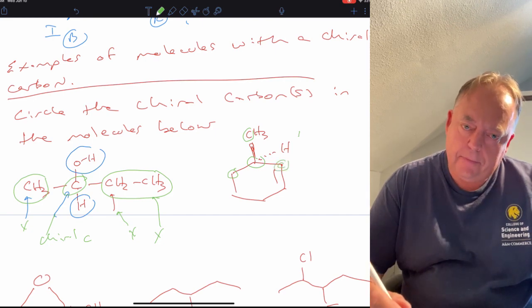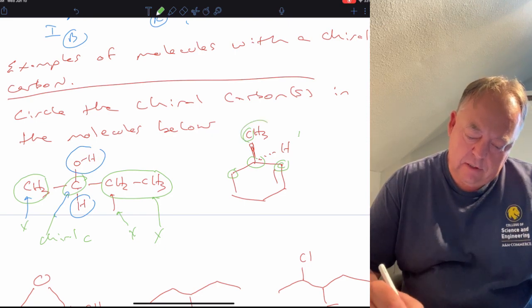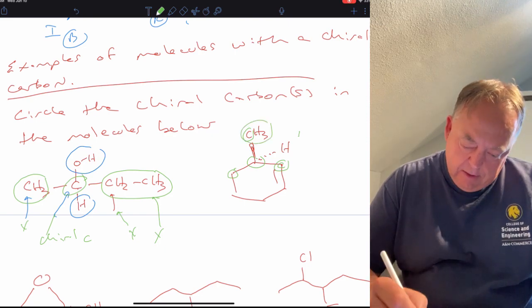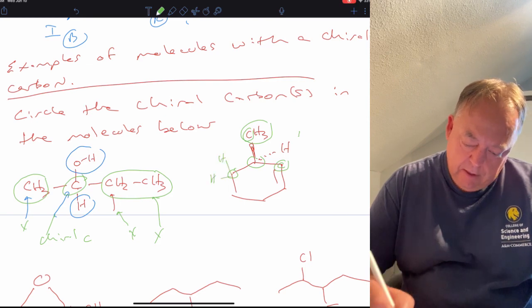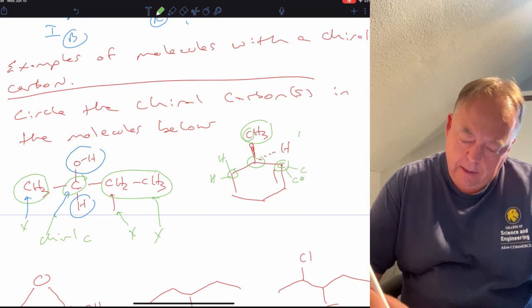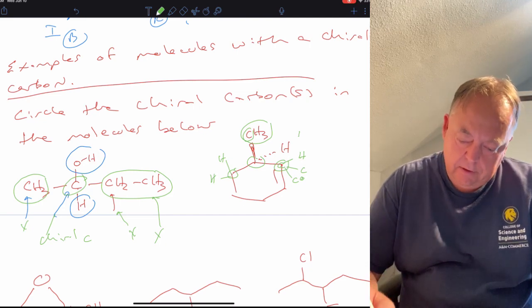But you don't stop, you consider the entire pathway. So this carbon is attached to 3 hydrogens. This carbon is attached to 2 hydrogens. And this carbon is attached to basically 2 carbons because it's got a carbon-carbon double bond and 1 hydrogen, and those are different. Right, so that carbon is chiral.